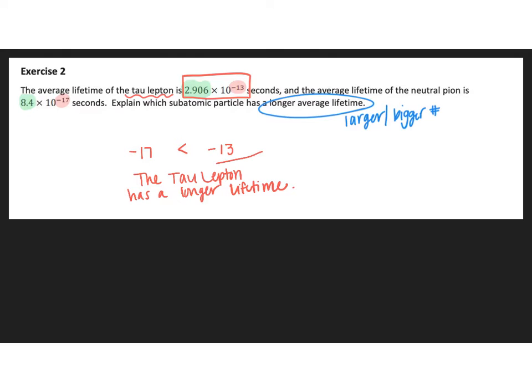And our reasoning is just right here, because negative 17 is less than negative 13. So negative 13 is going to be longer. It's going to be a bigger number. All right. Go ahead and make sure you have that down. Let's move on.